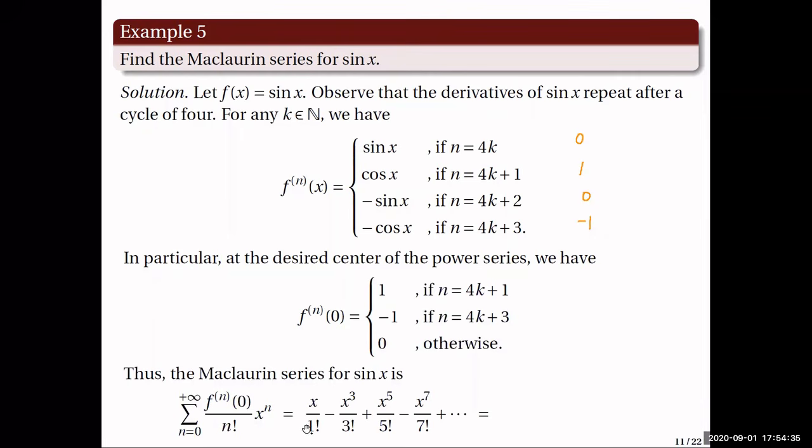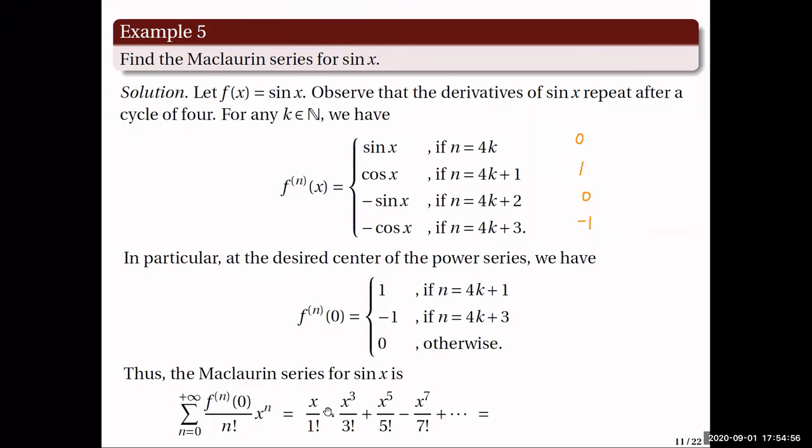Notice the pattern that the sign is alternating for each term, and then the exponent of x corresponds to the value in the factorial in the denominator, and that the exponents and the factorials are all odd numbers.